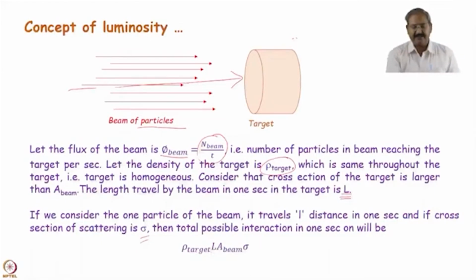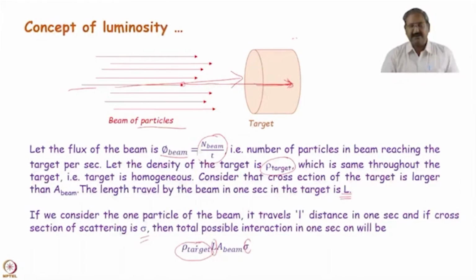Suppose a single particle is passing through the target, it will interact over the length L: L times sigma times rho. Sigma is the scattering cross section, which means it is an area, L is the length, and rho is the target material's density.